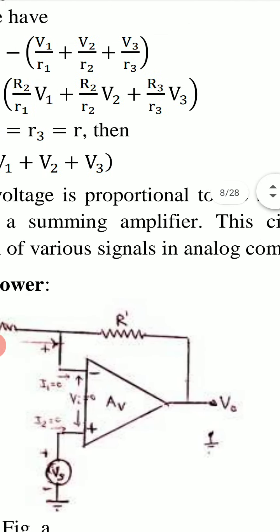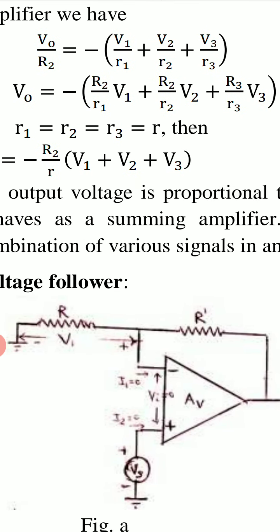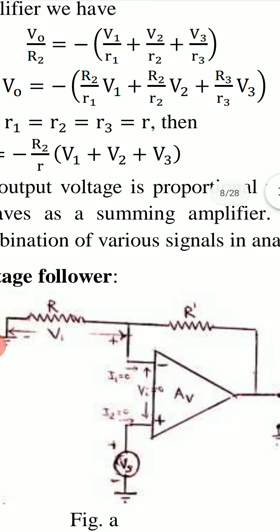It can be used to get an output voltage which is proportional to the linear combination of input voltages. VO is proportional to the linear combination of V1, V2 and V3.